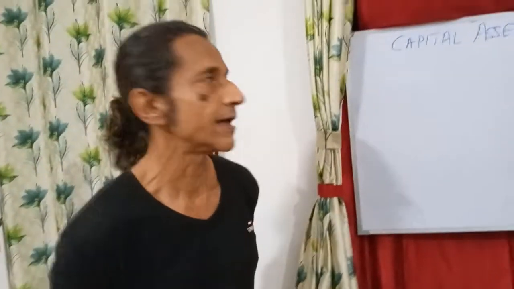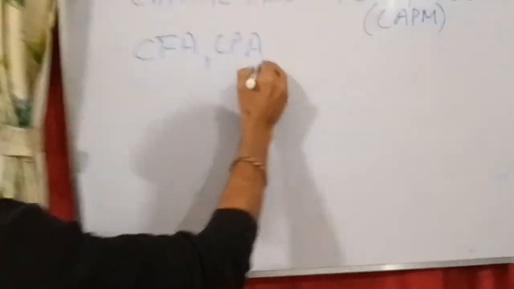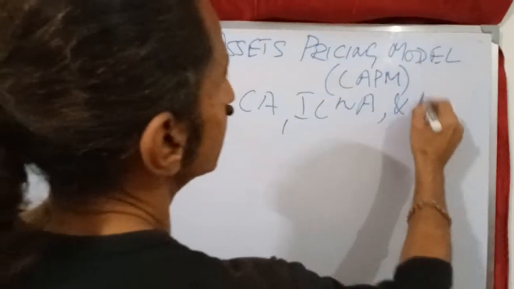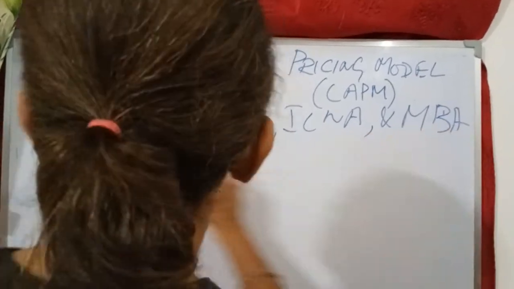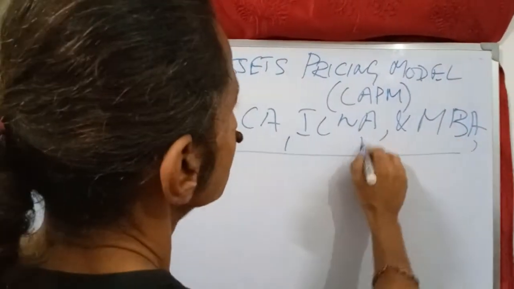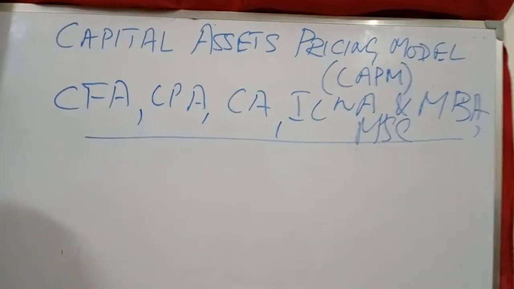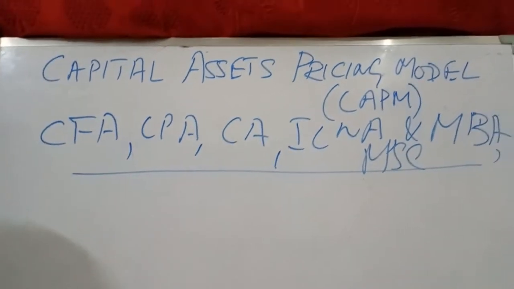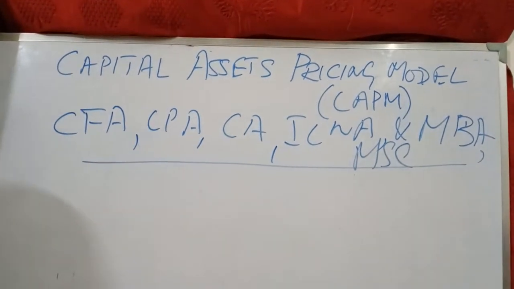It's a very important topic in different courses like CFA, CPA, CA, ICWA and MBA. Also in MSc in some certain universities. So understanding CAPM needs lot of attention and lot of concentration. So please try to be attentive in my lecture.